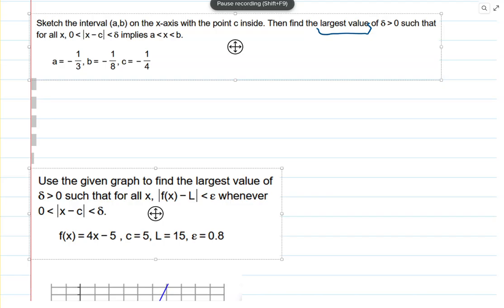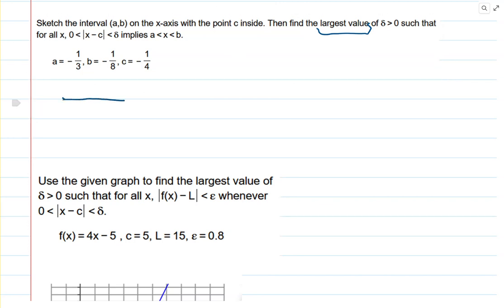So here we have, all right, they want us to do a number line. We're going to do a little number line. I'm not the best, but I work hard at it. And we have our AB.